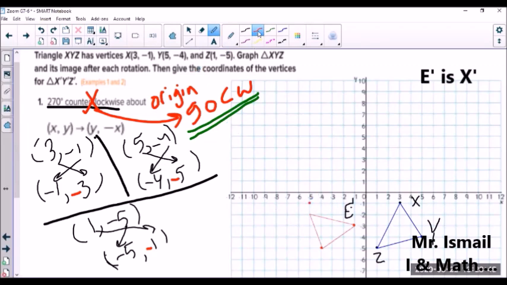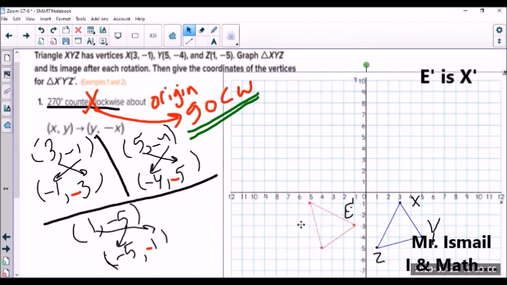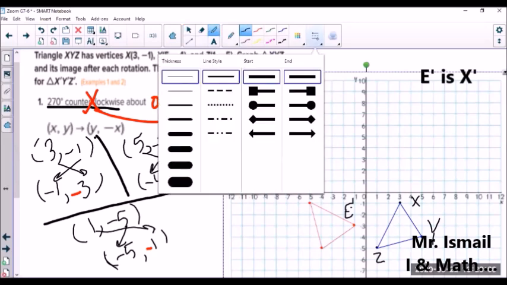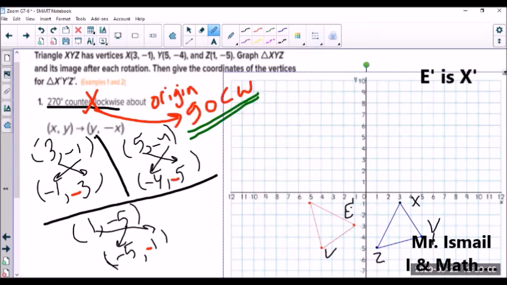I am sorry. So let me change it. This is a point, this Y prime, and Z prime is -5, -1.